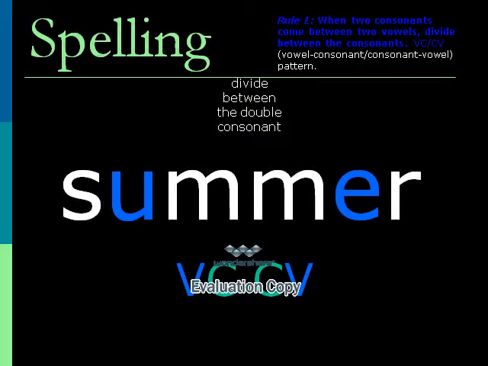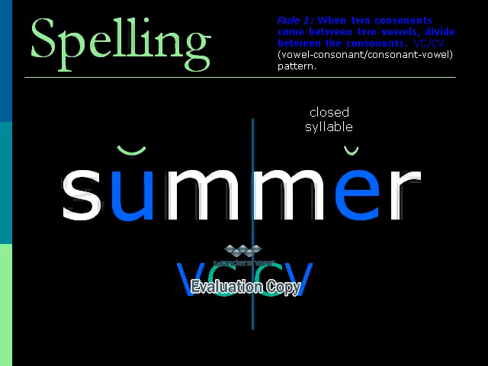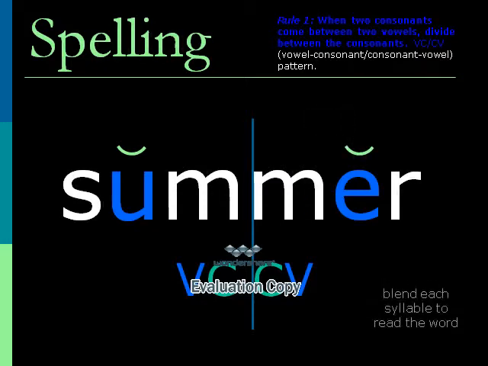So when you divide between the double consonant, you see that line is going between those two M's. So you have a closed syllable, which is sum, and the second syllable is mer. When you blend those two syllables together, you have summer. Let's go on to our next word.